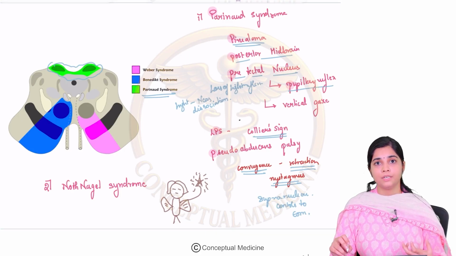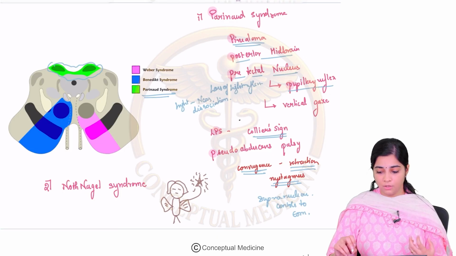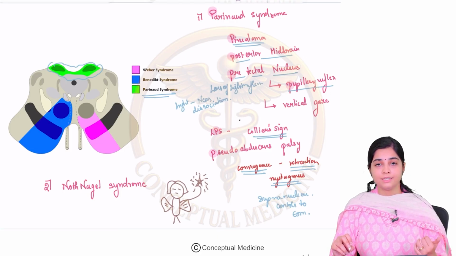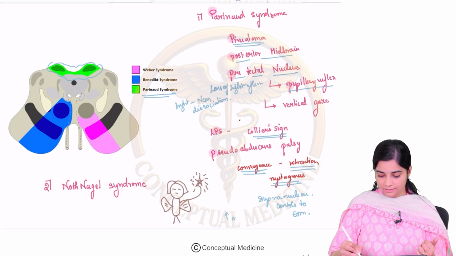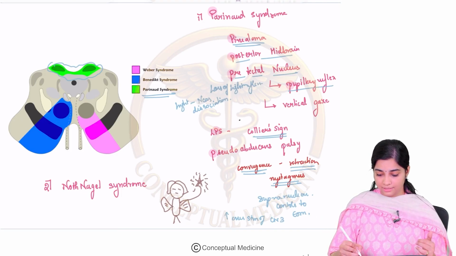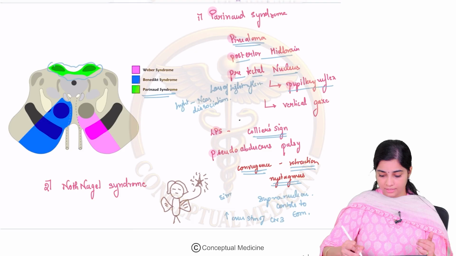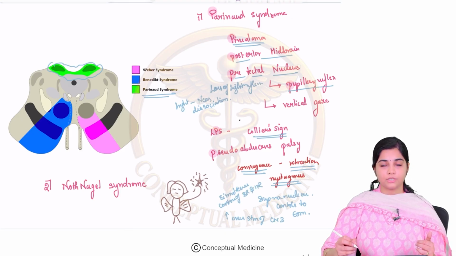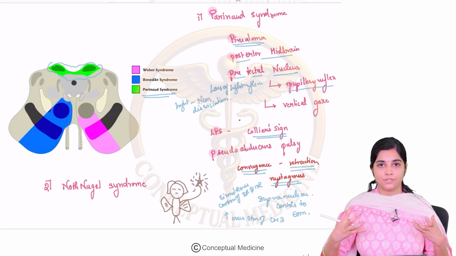Because the supranuclear control is lost, there is excessive stimulation of your cranial nerve 3, which results in excessive convergence, and there is simultaneous contraction of both the superior rectus and inferior rectus, which results in a retraction of the globe.